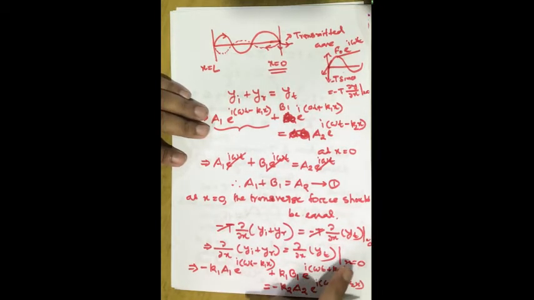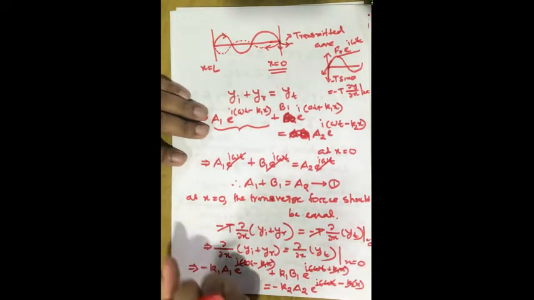Okay, now the x value is 0 here, so these terms will not exist, because k into 0 will give us 0, and also there will be e to the power i omega t everywhere, so we can cancel this term also.